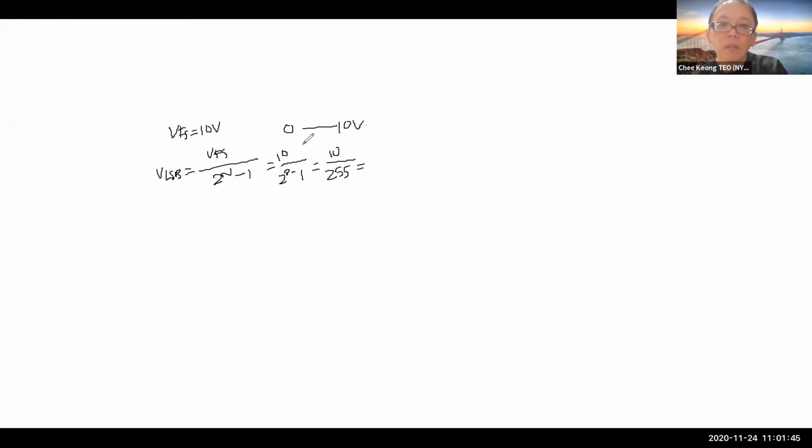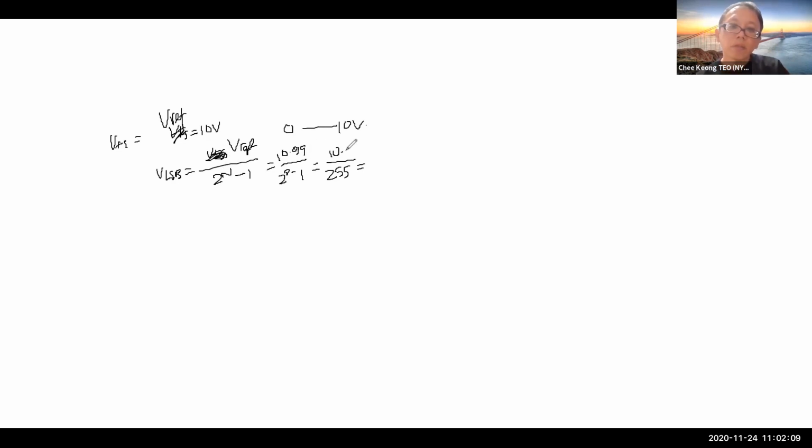Sorry, the V full scale should be V ref, not this V ref. So it's 10.039, because that's the maximum voltage.